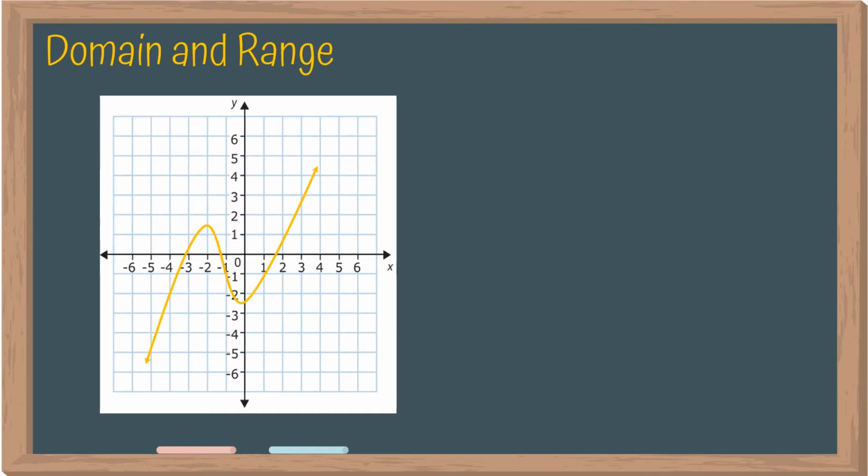Now, how about this one? As you can see in this graph, our graph has arrowheads. The arrowheads on both ends of our graph indicate that the graph will be extended in both directions.